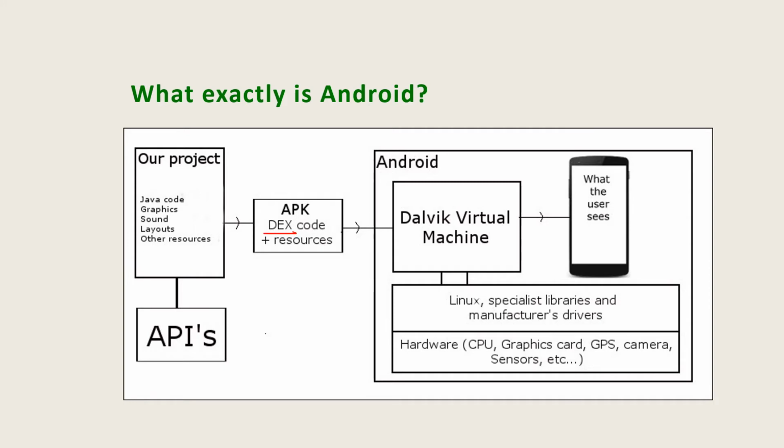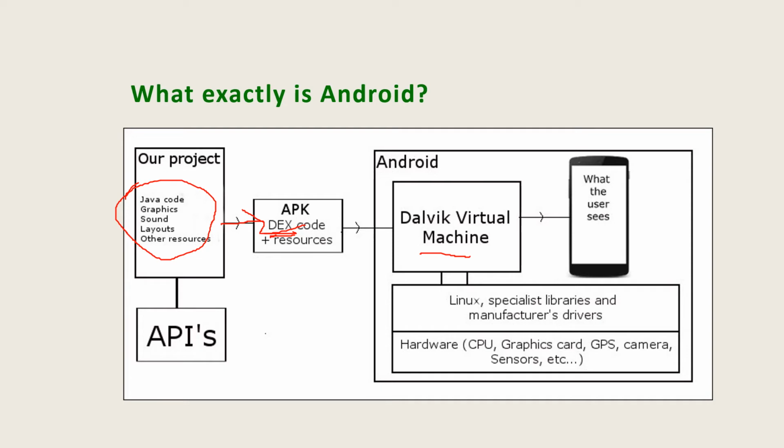Here we write our code in Java using the integrated development environment that we use to create code. Then we compile it, and it becomes another form, DEX code. This is then compiled into DEX and run by the DVM, or the Dalvik Virtual Machine. So once it is DEX, this is what Android understands.